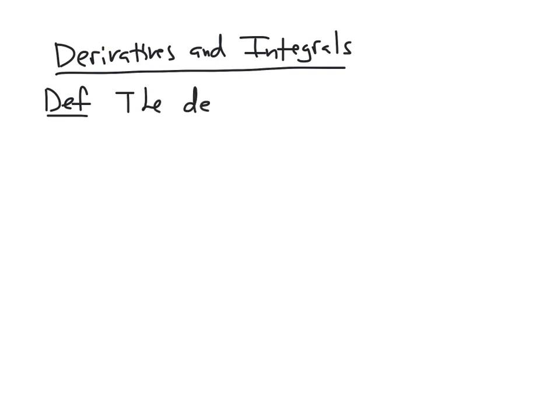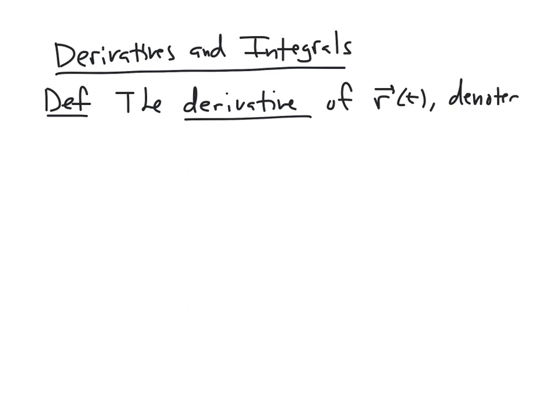So we're going to define the derivative of the vector function r of t, which is going to be denoted either as r prime of t or dr dt, the same two principal notations we use in Calculus 1.